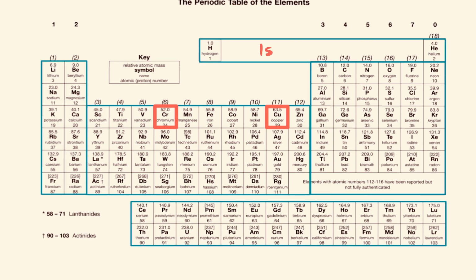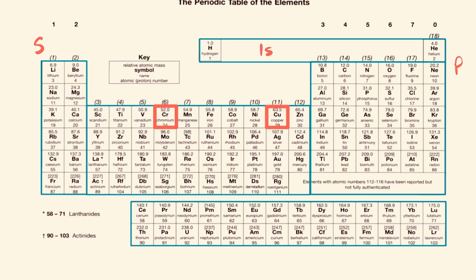Then the rest here are all of the rest of our s orbitals, so we've got 2s, 3s, 4s, 5s, 6s, 7s, etc. The next section shows our p orbitals, and that works the same way: 2p, 3p, 4p, 5p, 6p, etc.